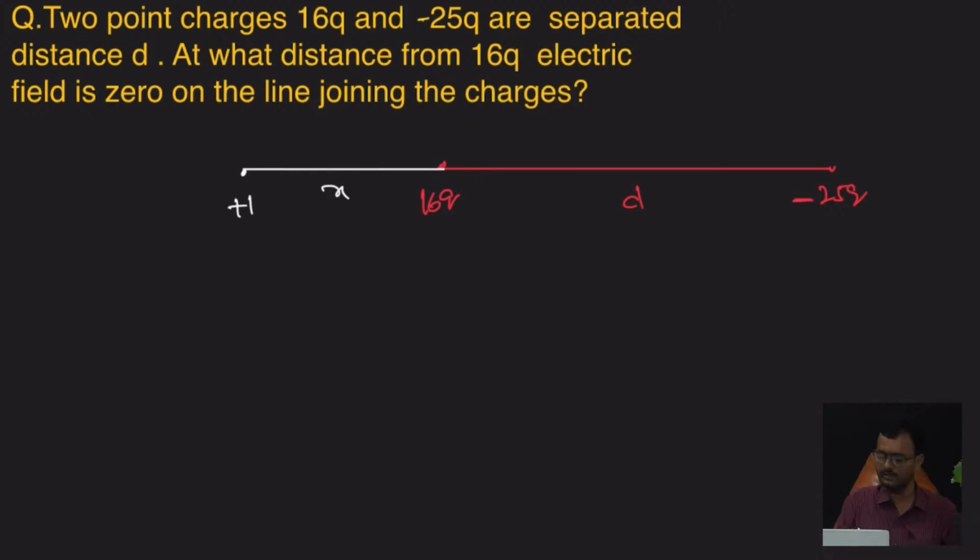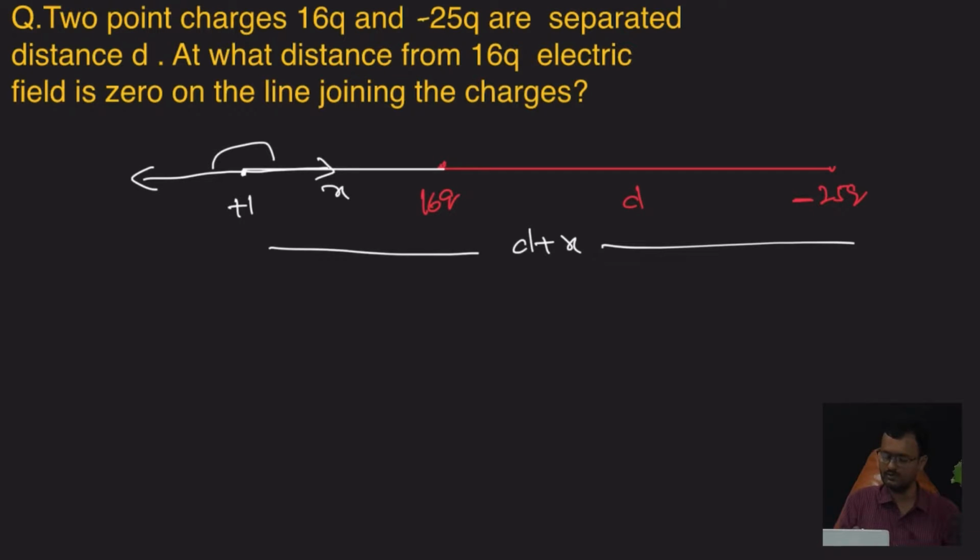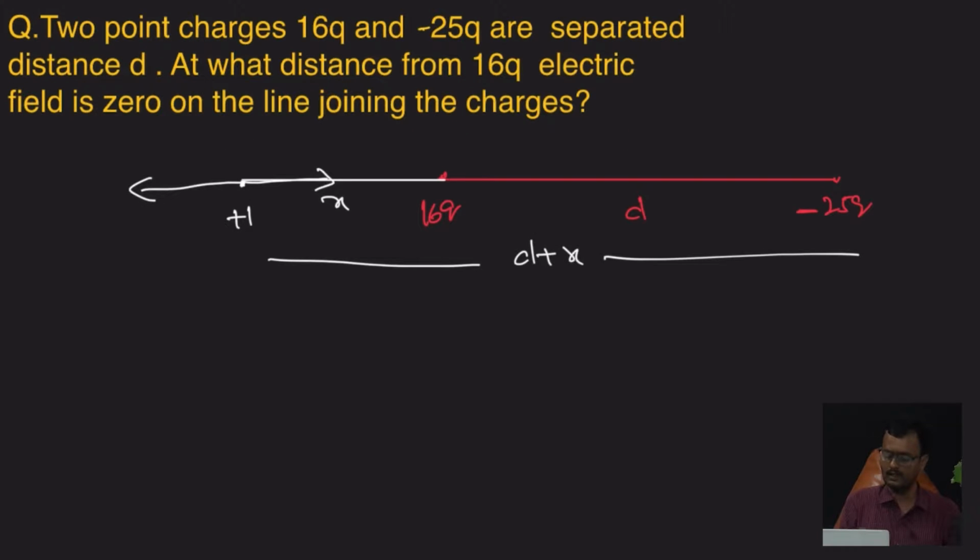16q, and from minus 25q it becomes d plus x. So 16q repels along this direction, minus 25q along this direction. The electric field intensity is 0 at this point, meaning both magnitudes should be equal. See here, the electric field due to 16q is equal to 1 by 4 pi epsilon naught 16q by distance x, so x square.